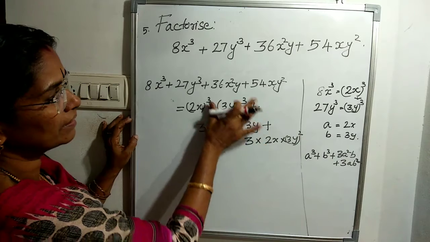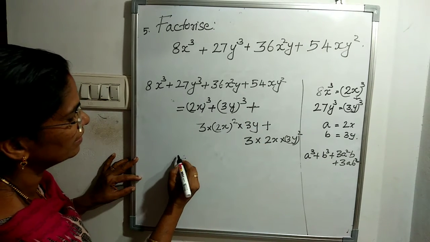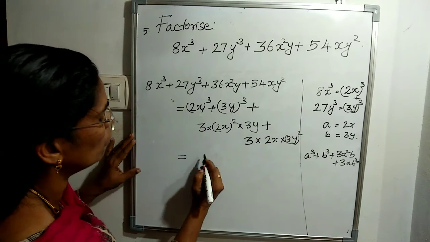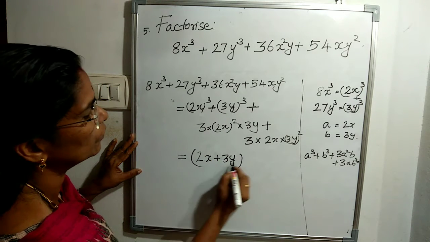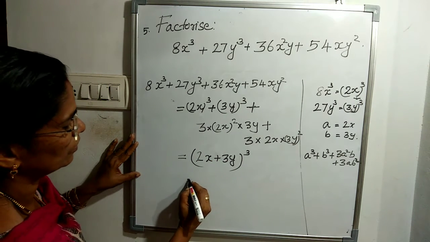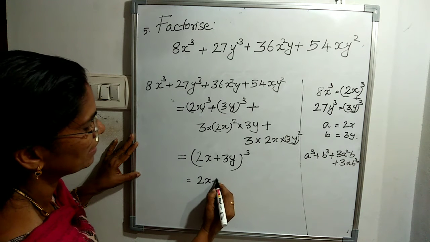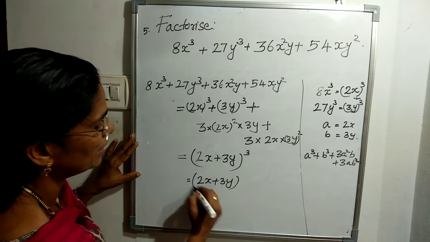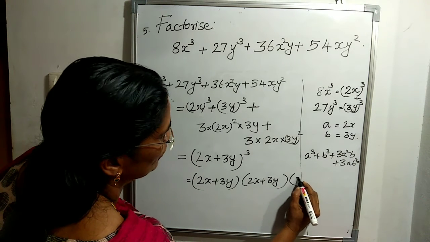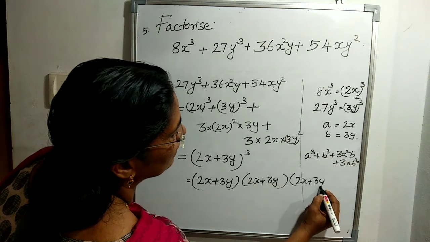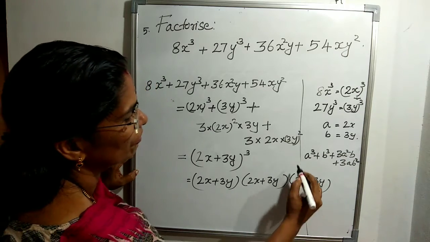All these terms are there. Now we can write, this is the expansion of 2x plus 3y whole cube. So the factors we can write as 2x plus 3y into 2x plus 3y into 2x plus 3y. 3 times you have to write, that is the factor.